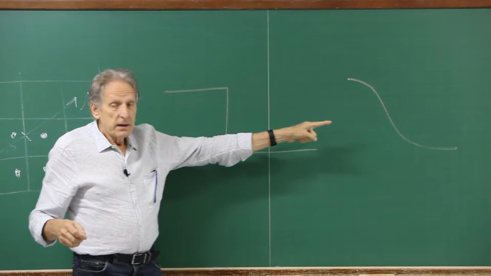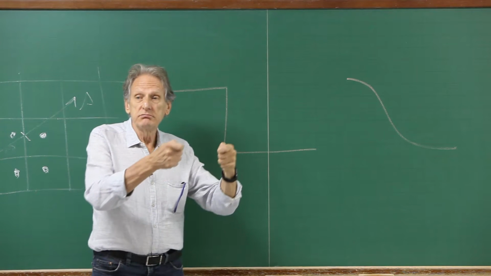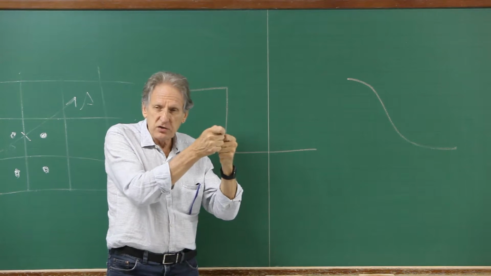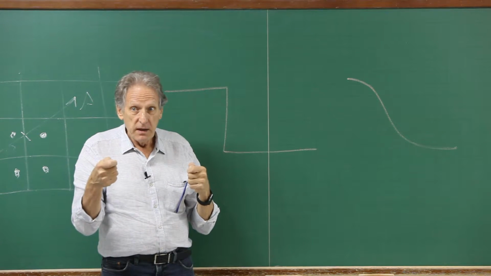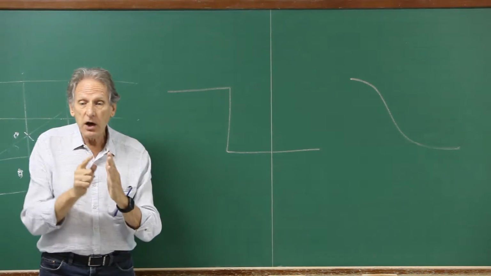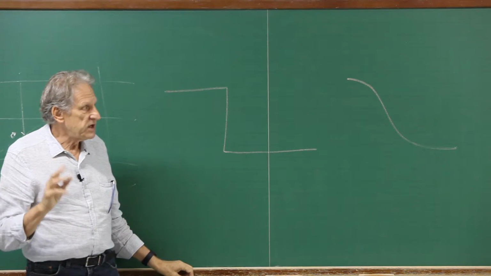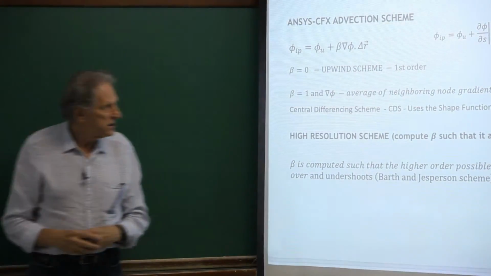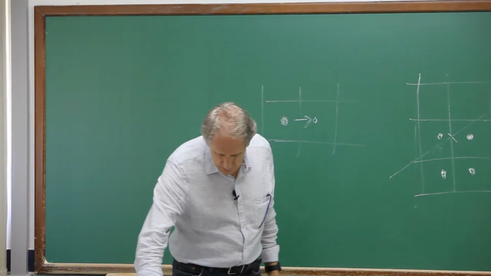When you are there, your beta factor can increase. Such the idea is to put the beta factor as close as to 1, and then you have a second order scheme, but avoiding over and undershoots according to the flow, according to the gradients that you have. So this is the scheme, which is called the high resolution scheme, which is inside CFX.